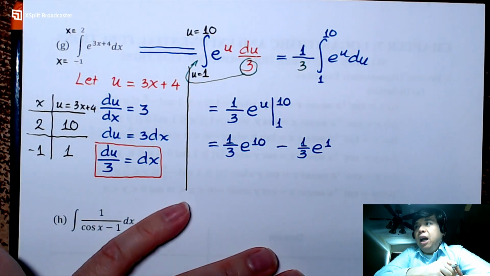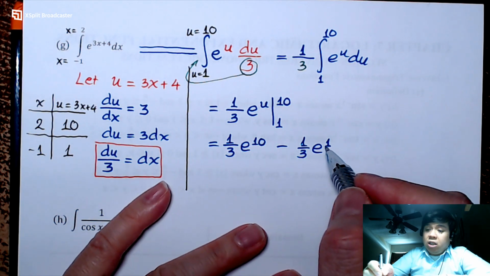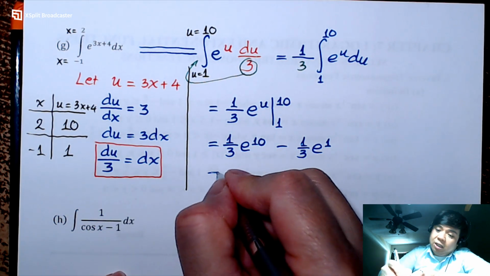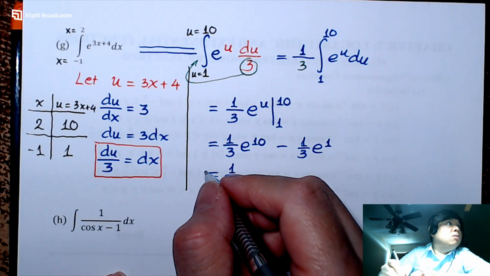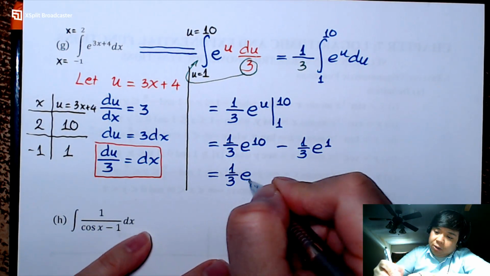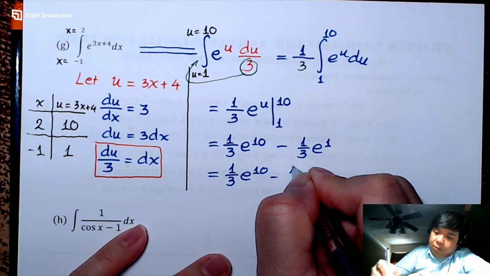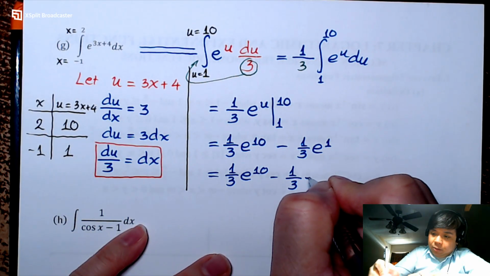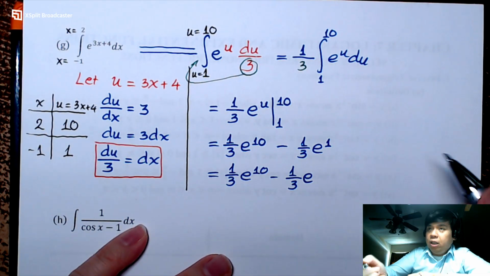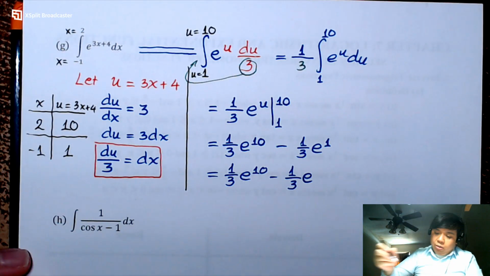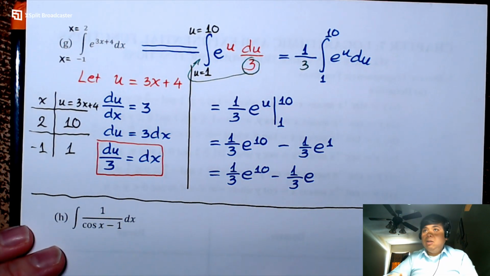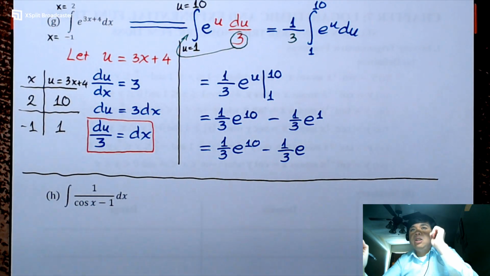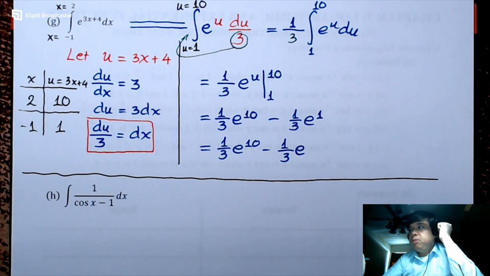And e to the first power is itself, so this is just e. We just have that. So that is the standard substitution problem.